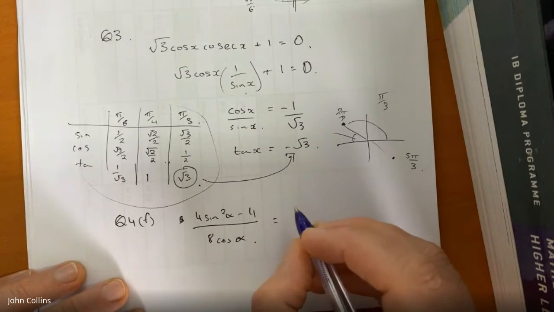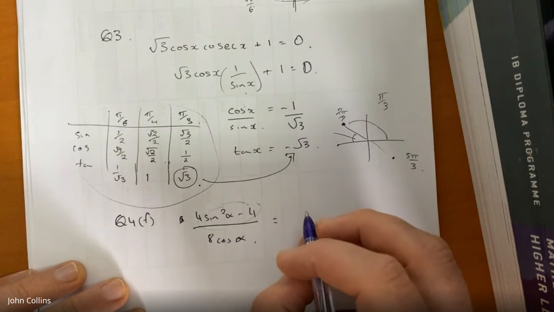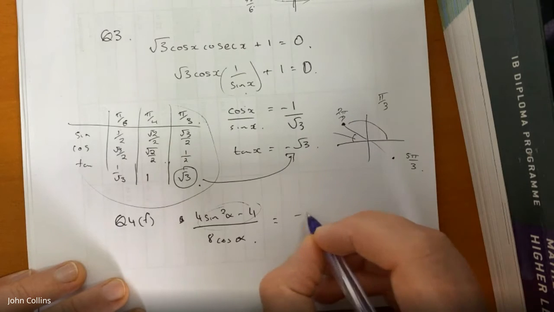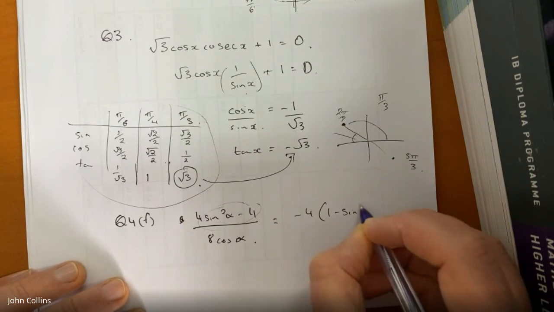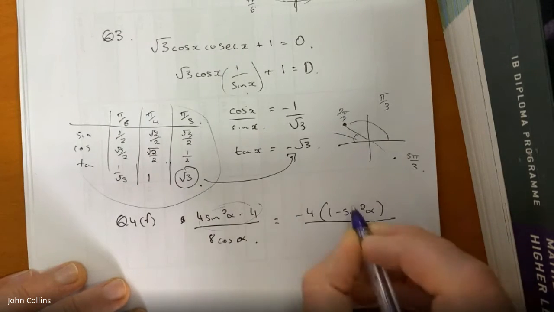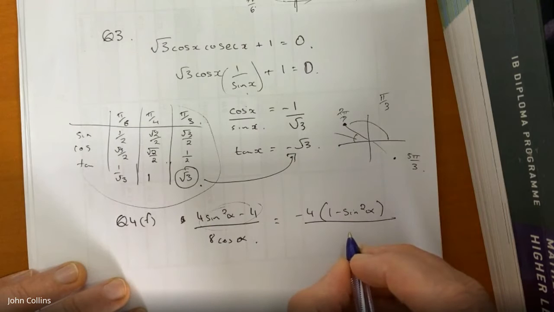Yeah, so perhaps you can factor out minus 4, and you're left with 1 minus sine squared alpha. Trying to form that identity, because that will diminish the number of terms, because we know that is cos squared alpha.